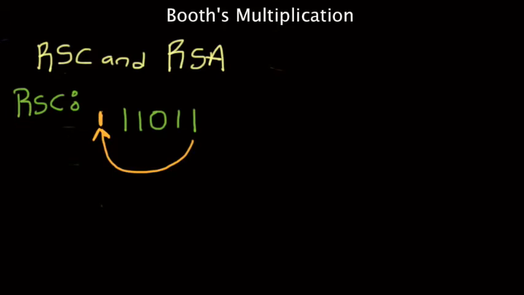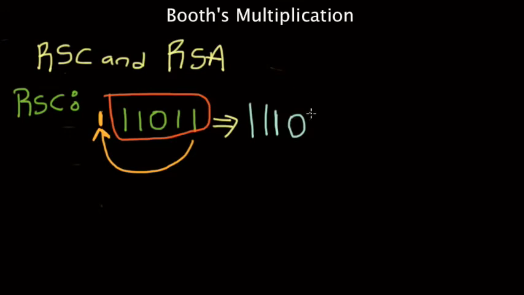But remember, initially we had 5 numbers. So in order to make this circle complete, we also need to have 5 numbers at the end of this problem. So basically, all you need to do is, like I said, bring this 1 up to the front, which will be 1 1 1 0 1.